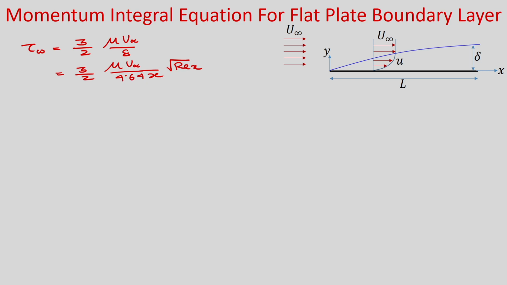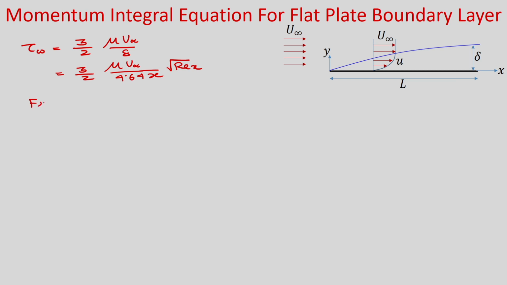Now let us write the skin friction coefficient, which is the non-dimensional representation of the shear stress. So, we can write friction coefficient Cf is equal to tau w by half rho u infinity square.